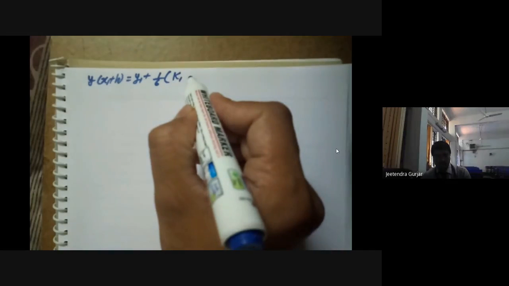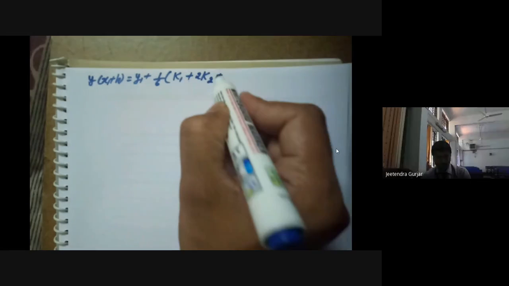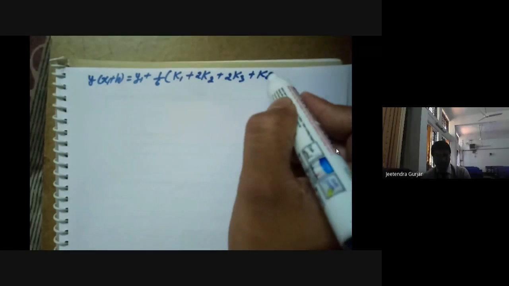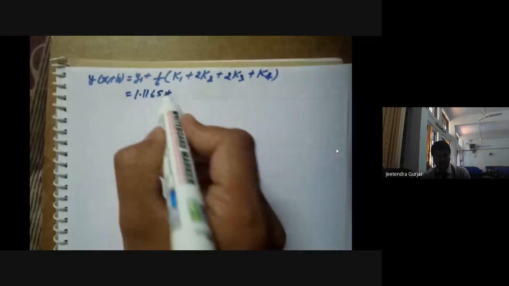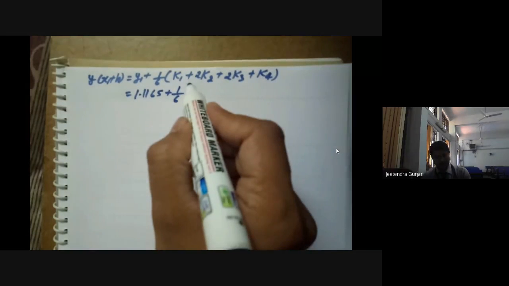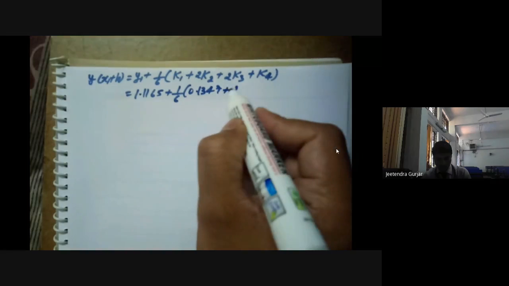So substitute all the values. Y1 is nothing but 1.1165, students, plus 1 upon 6 in the bracket: k1 is going to become 0.1347, plus 2 into k2 is 0.1551, substitute the values, plus 2 into k3 is 0.1576, students, substitute values, plus k4. K4 value we have calculated as 0.1823.